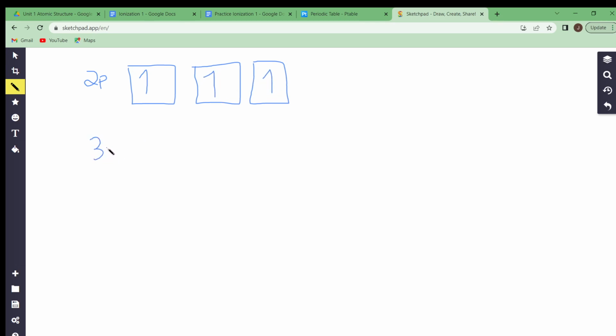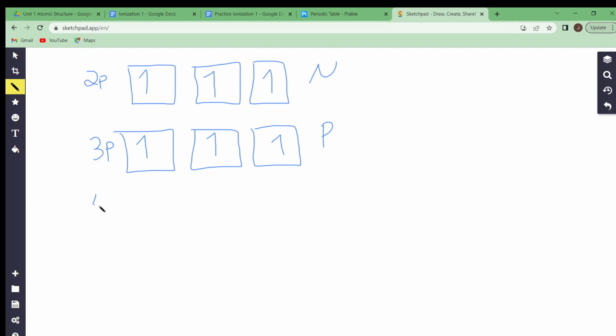So this is what nitrogen ends with. This is what phosphorus ends with. And finally, arsenic's going to end with a 4p, and it's going to have the exact same thing going on.